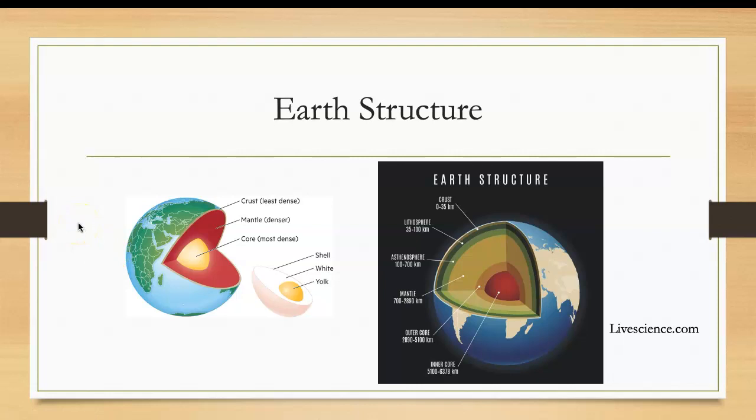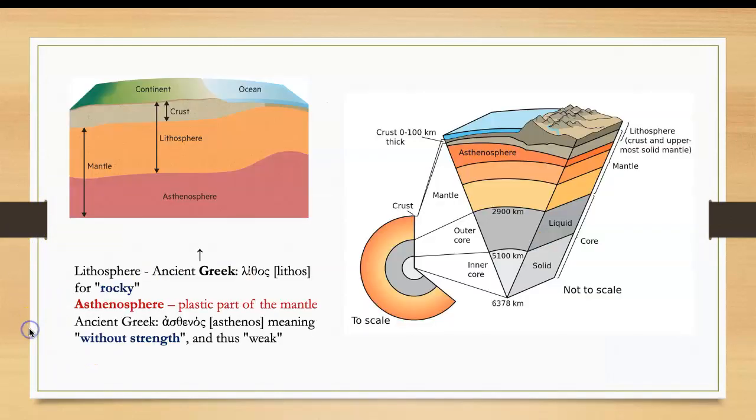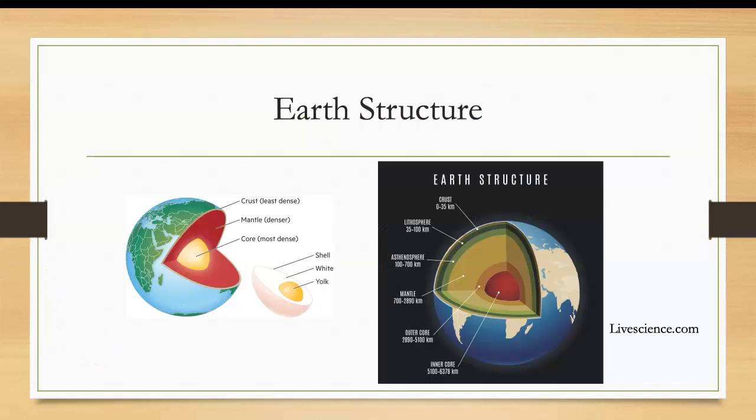It's made of nickel and iron, and then we have this mantle, the red part of the egg. So the mantle actually made up most of the earth. And we have this very thin crust, and we're living on this crust.